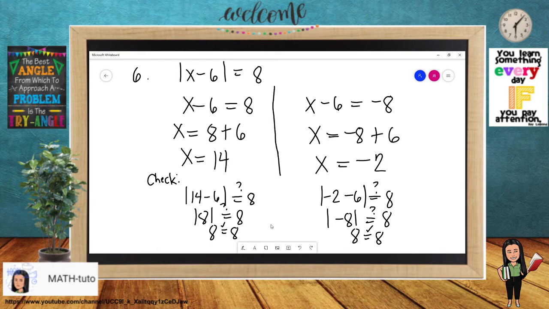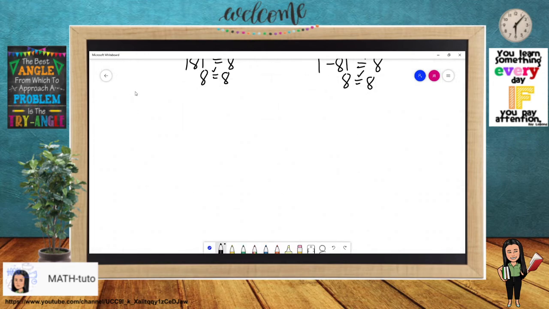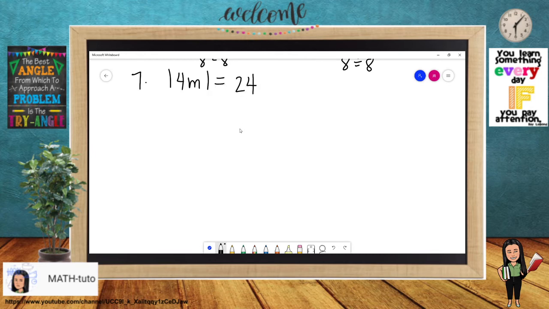Sige, let us have another example. We have absolute value of 4m equal to 24. Yan.